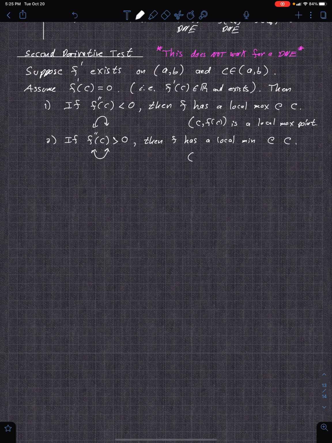Okay, in other words, f of c is a local minimum point.